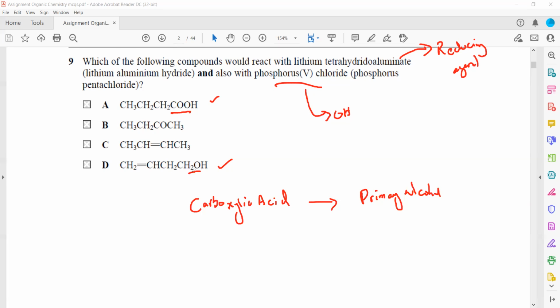But this is a primary alcohol, and a primary alcohol cannot be reduced. It can be oxidized to an aldehyde or to a carboxylic acid. So the reducing agent is valid only for reduction of a carboxylic acid or a ketone. A carboxylic acid reduces to a primary alcohol, and a ketone reduces to a secondary alcohol. That's why A is the right answer. Is it clear?